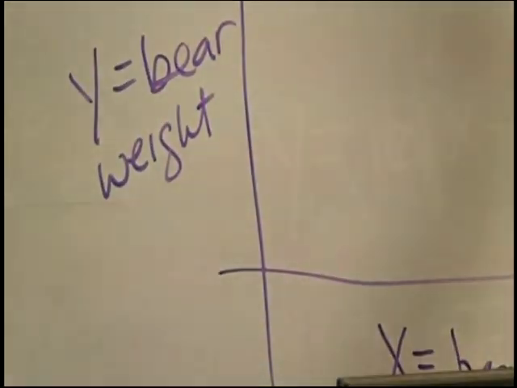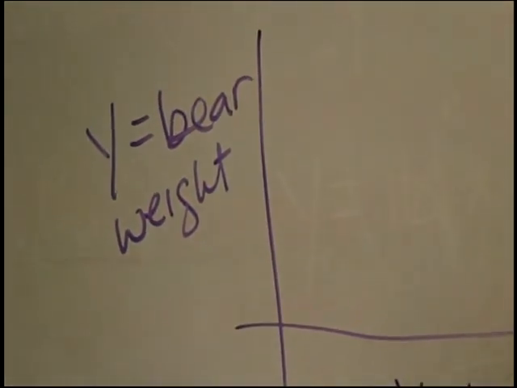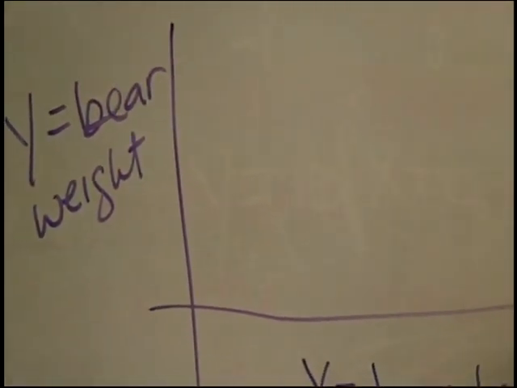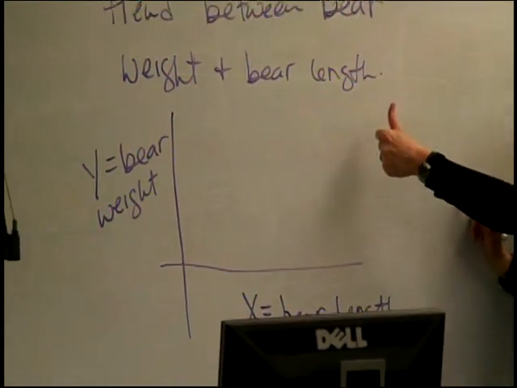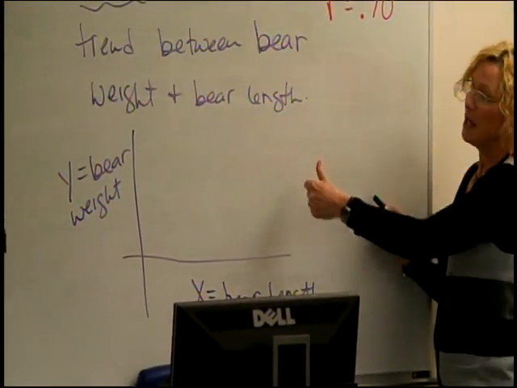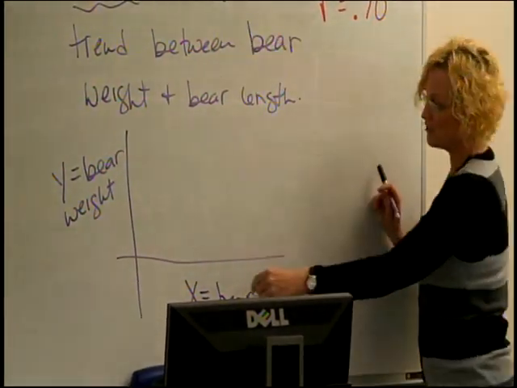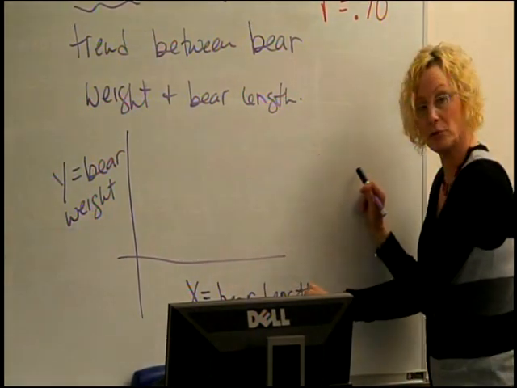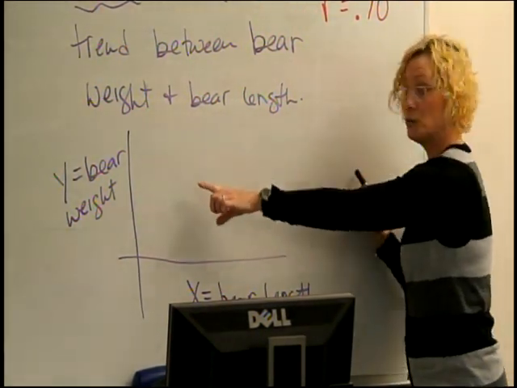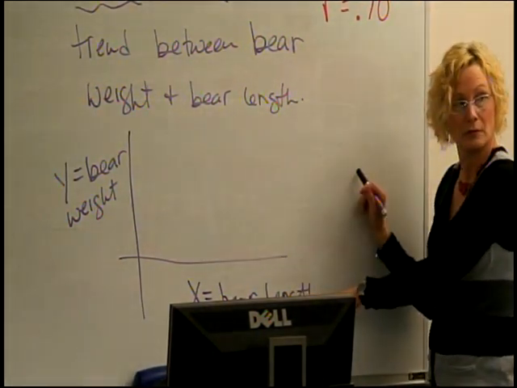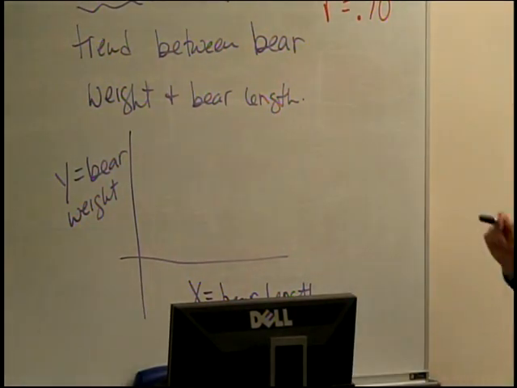So the positive part tells us that as bear length increases, bear weight increases as well. If it were a negative trend, it would tell us that as the X value increases, the Y value decreases. Okay?